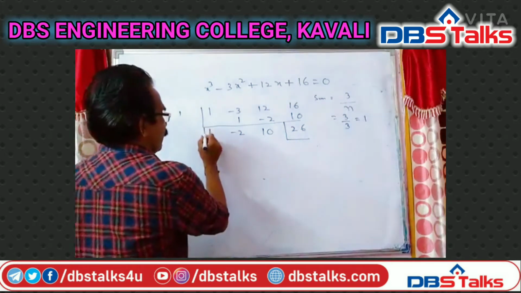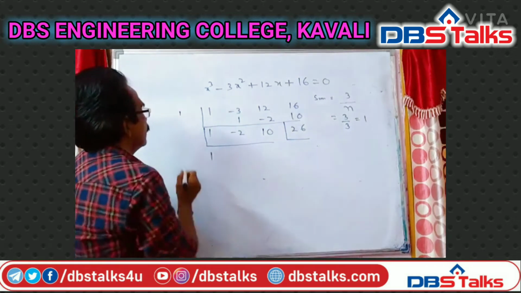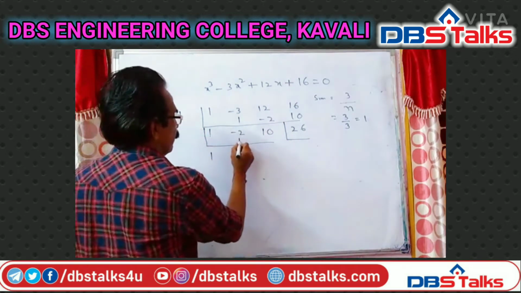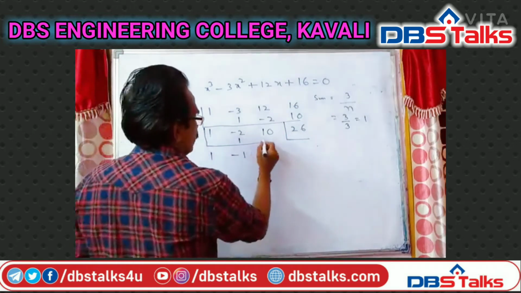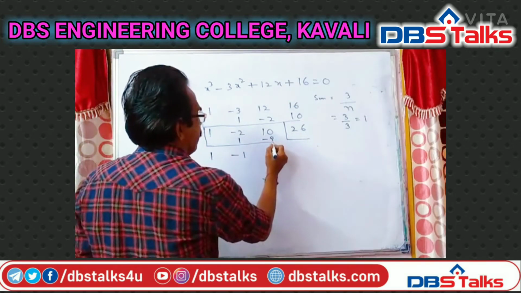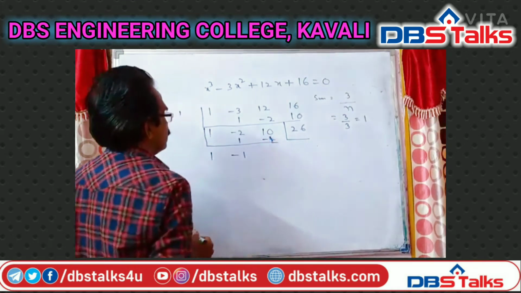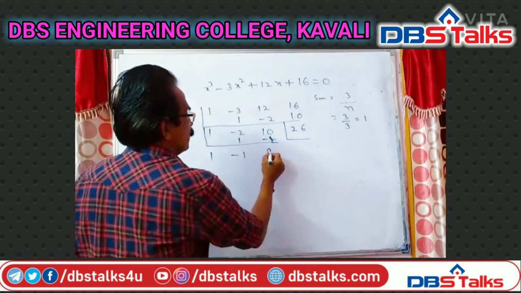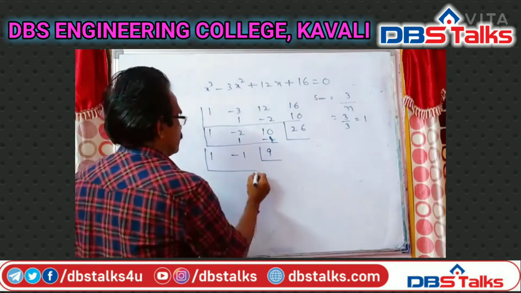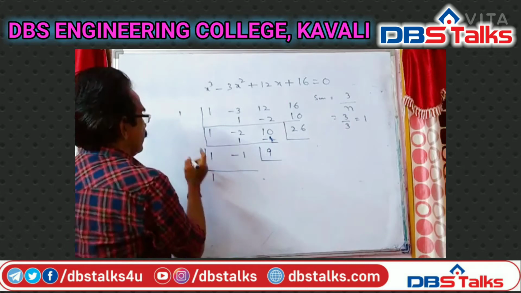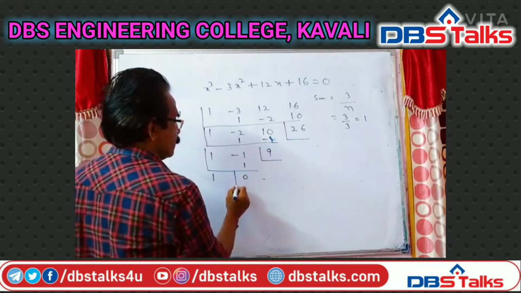Then again 1, 1 into 1, 1; minus 1; 1 into minus 1, minus 1; so 9. Now the same process, 1 into 1, 1, this becomes 0.